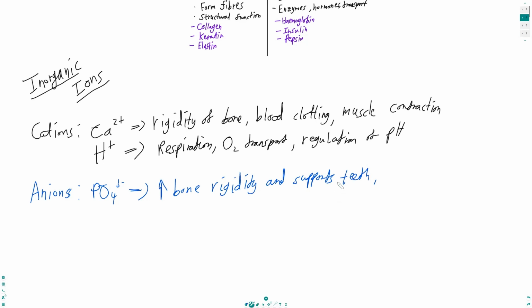It helps in root growth in plants, is a component of phospholipids, and is used in ATP production. So that's PO4 3-, and hydroxide, OH-, is involved in blood pH regulation.